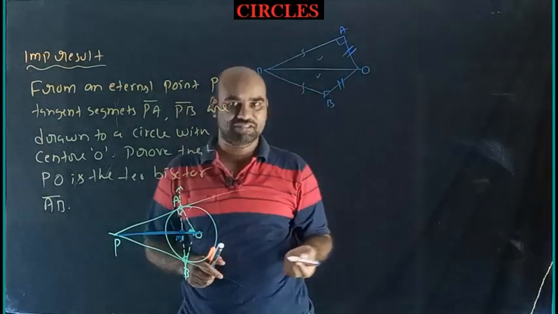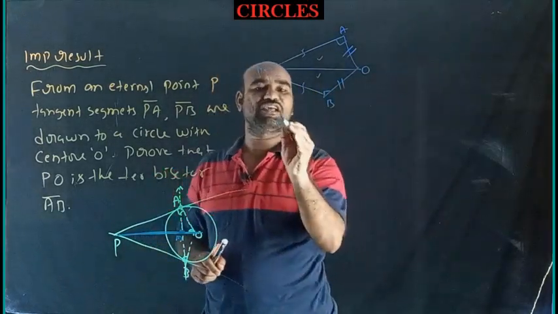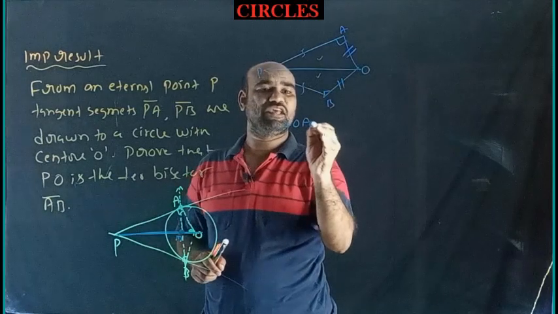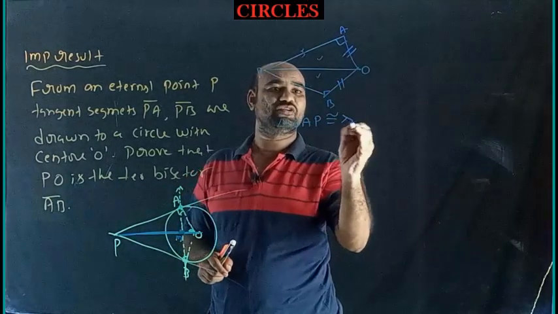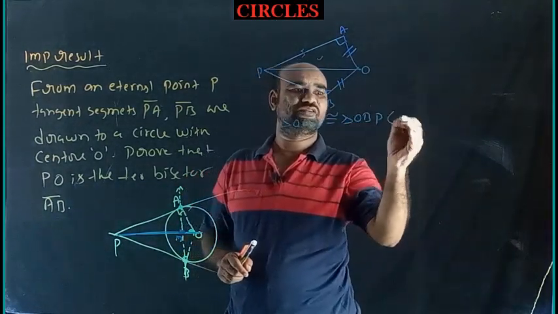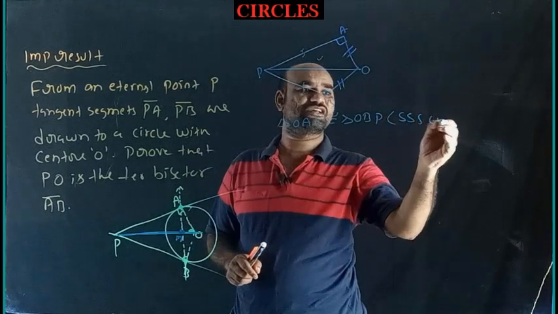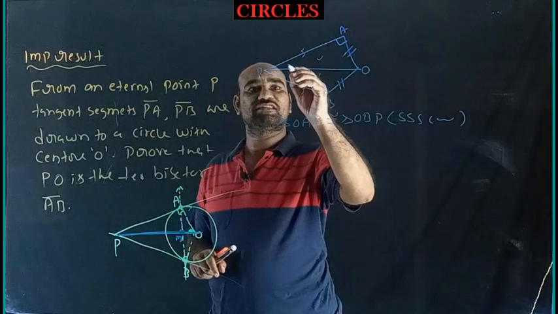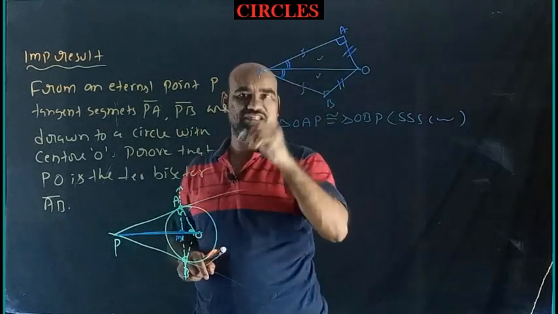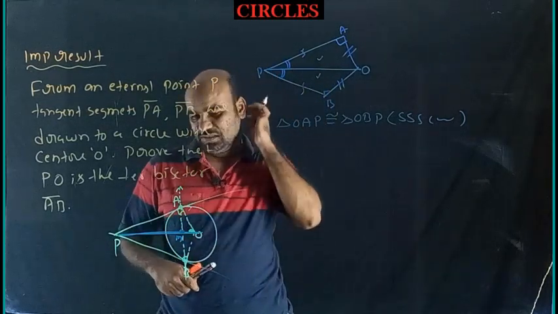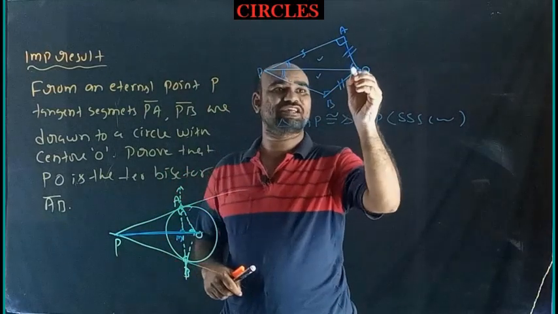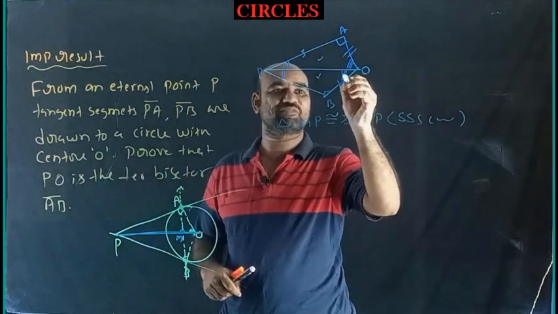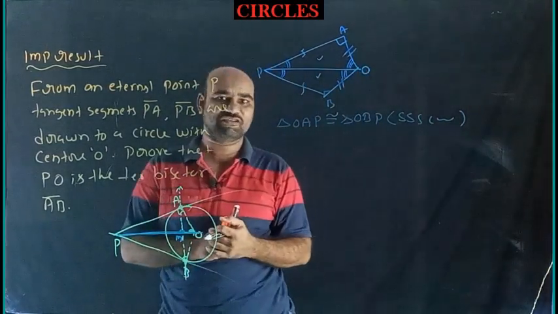So triangle OAP is congruent to triangle OBP from SSS congruency or RHS congruency, whatever it may be. So automatically this angle equal to this. That is important for us. Or in other words, you can say that this angle is also equal to this. Corresponding parts of congruent triangles are equal.